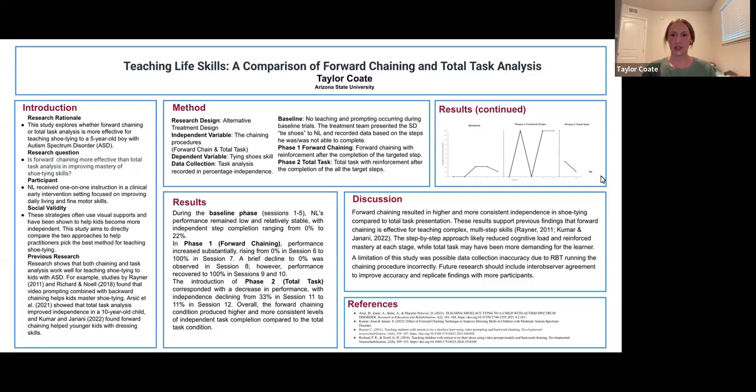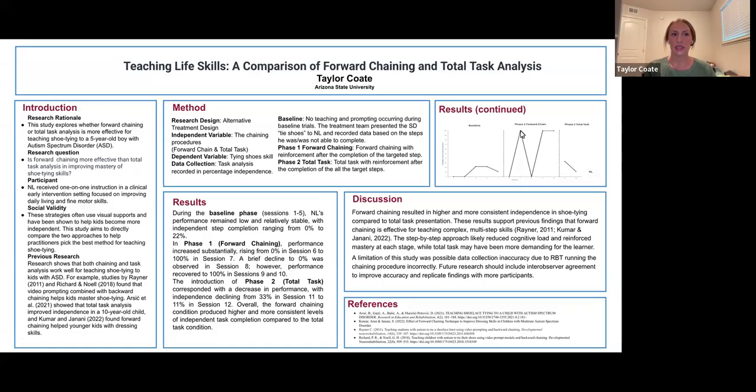If we look at the graph, it's really small, but it shows the data that I was discussing earlier. Down here, sessions one and two are 0%. Then he has an increase to 22% across three and four, and then 11% down here at session 11. This is the data for the forward chain. Session six, he scored zero.